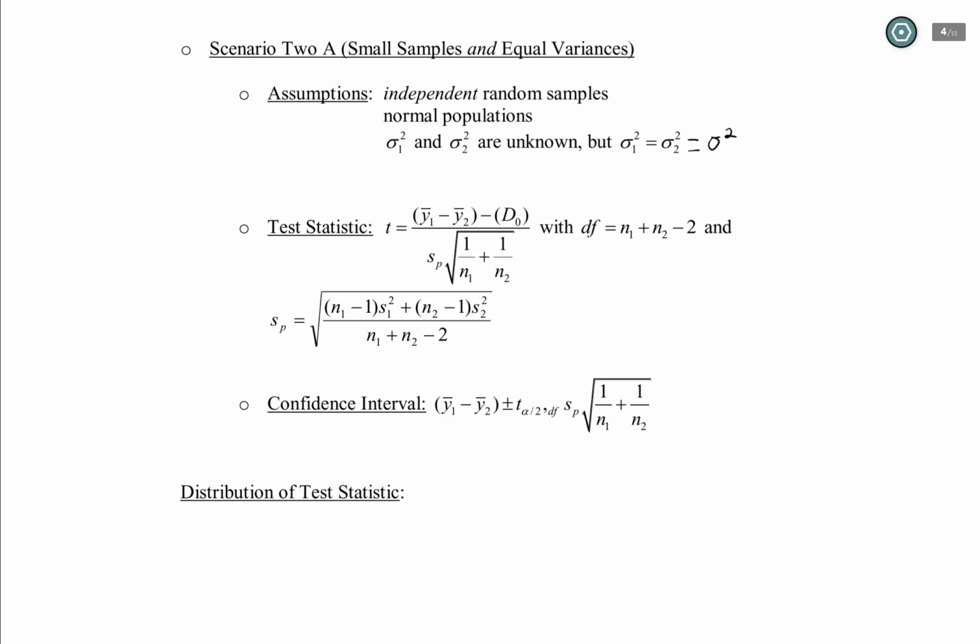So this common variance sigma squared is what we need to contend with, and we need to estimate it. Really the common standard deviation is estimated with this thing called SP. This is called our pooled estimate of the common standard deviation.